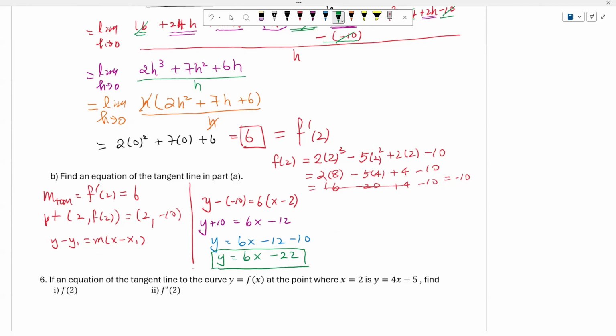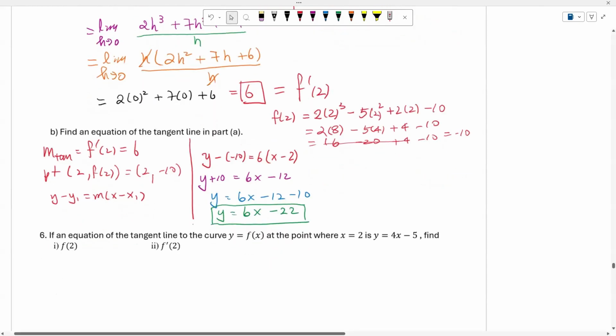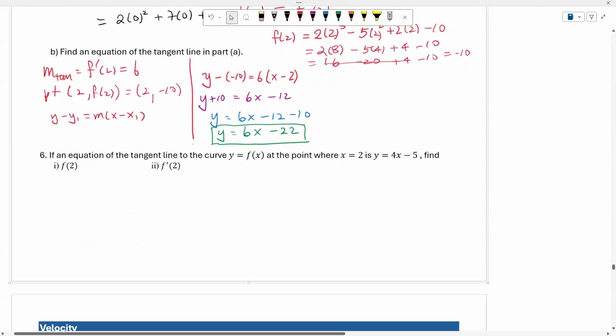Then you will get the answer, y equal to 6x minus 22. Okay, so now let us look at our next example.